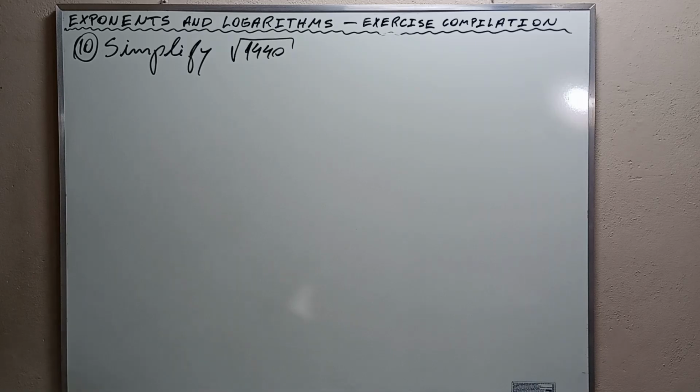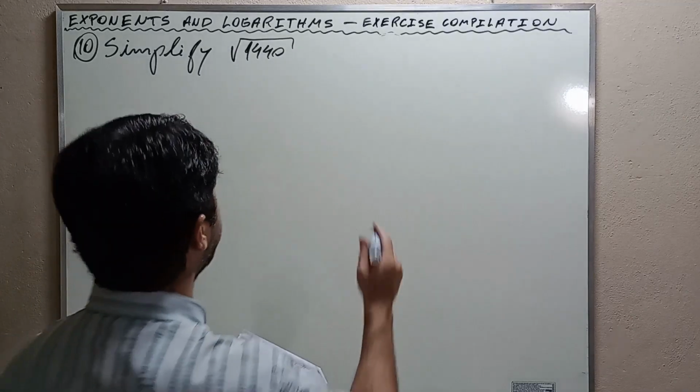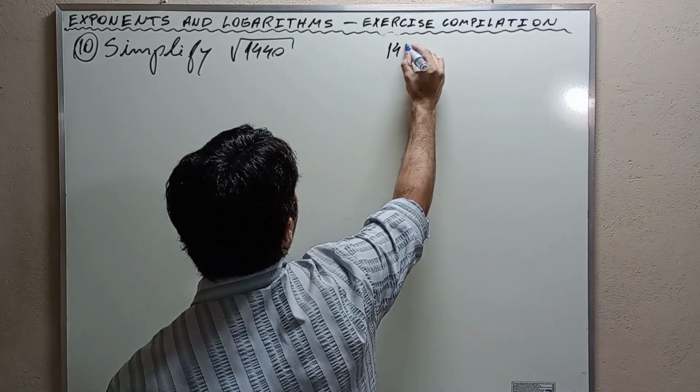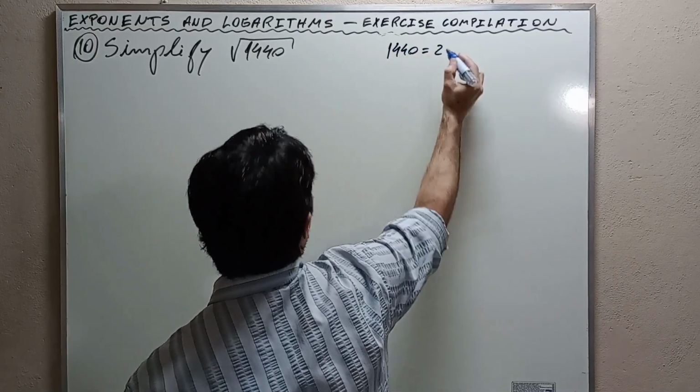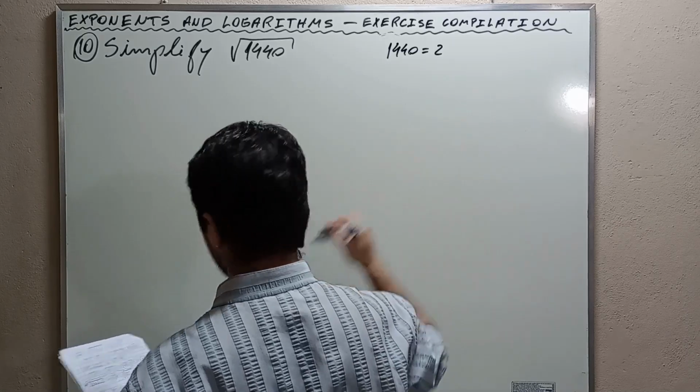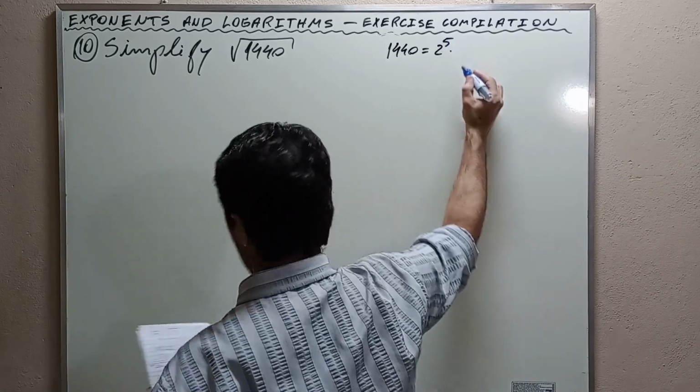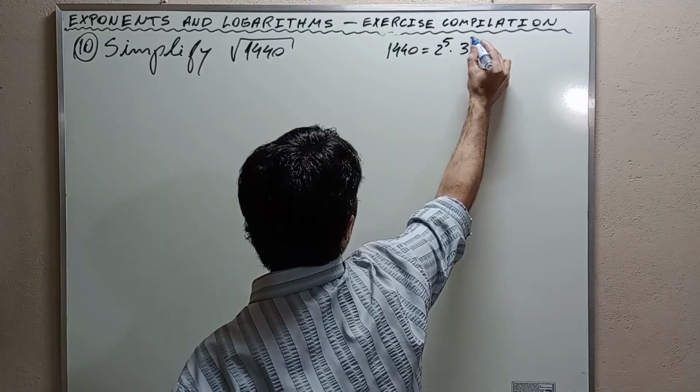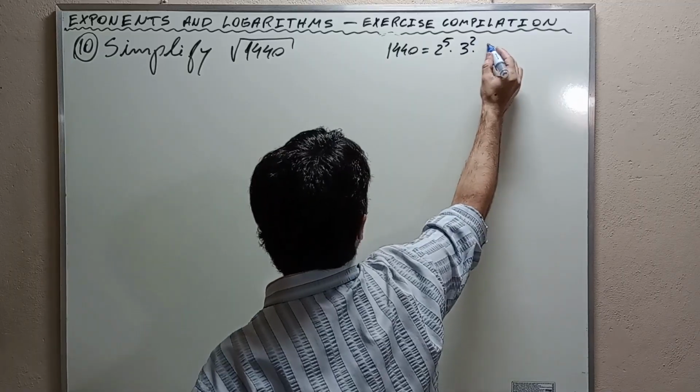Exercise number 10. Simplify this, the square root of 1440. What can we do to simplify this? We're going to use the prime factorization of 1440, and it is 2 to the 5th times 3 squared times 5.